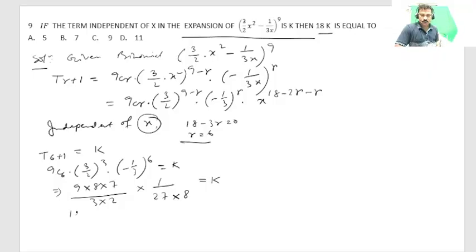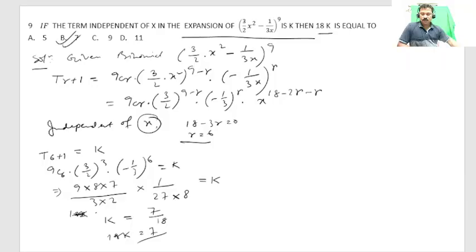So 18k, we get here k equals 7 by 18. So 18k equals 7. We have to find the value of 18k. So this is the correct answer.